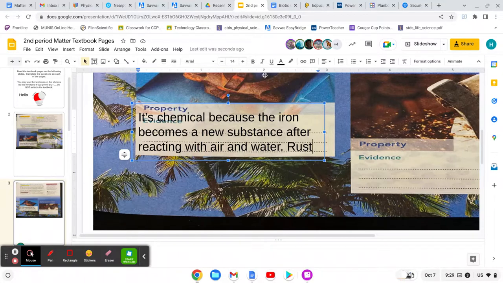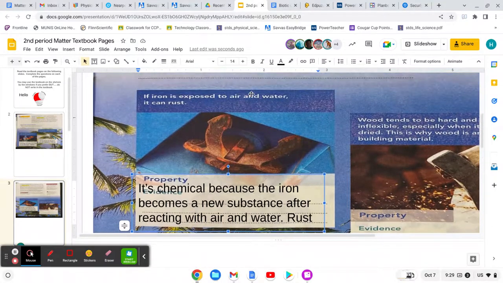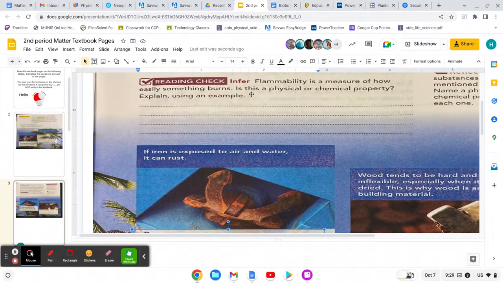Okay, so everybody understand that that is a chemical property. We took iron and we changed it into rust. Totally different. Looks different, has a different chemical makeup.